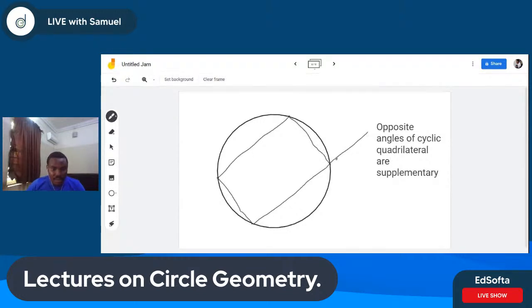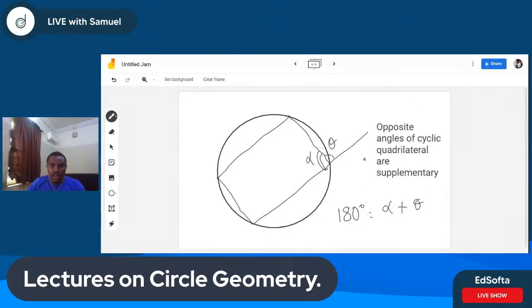So what this is telling us is that this angle here, let's call it theta. This angle here, let's call it alpha. What they are telling us is that 180 degrees is equal to alpha plus theta.